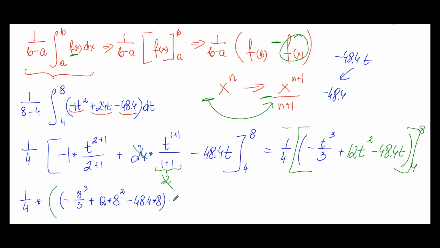It's better to put a bracket, because that way we will know that the minus is applied to each of those items. And again that function, but this time we replace t with the lower interval value: 12 multiplied by 4 to the power of 2 minus 48.4 multiplied by 4, close bracket and close bracket.